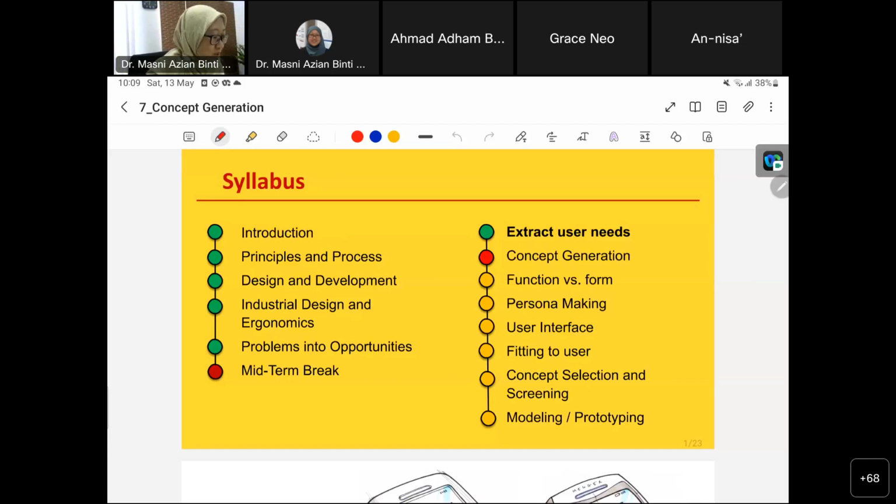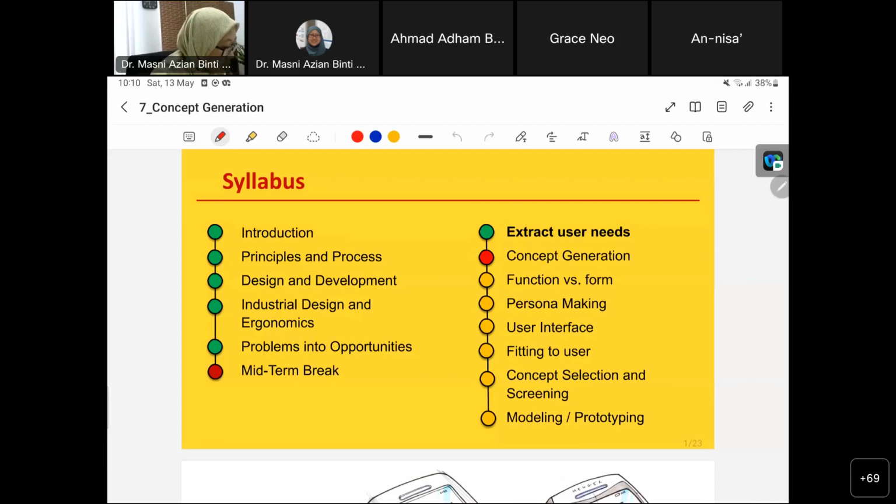Okay, so anyway, today we will be covering the last chapter on my section, which is related to concept generation. So in the previous exercise, you have already learned how to extract the user needs through interviews or surveys, and then during the previous class you already learned how to interpret the voice of customer into technical specification, and then based on that technical specification you would establish your own product spec.